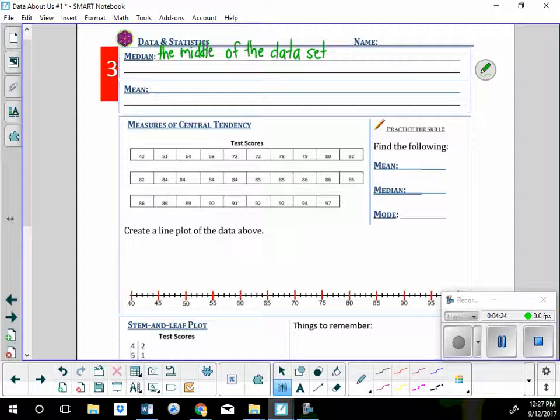We know we have 29 pieces of data. How could we use that to find our median? Kimmy, what's your thought? Since we know that it's odd, we know that there would be an exact number in the middle. We know there will be an exact number in the middle because we have an odd number of pieces of data. Awesome. Thanks for adding that.